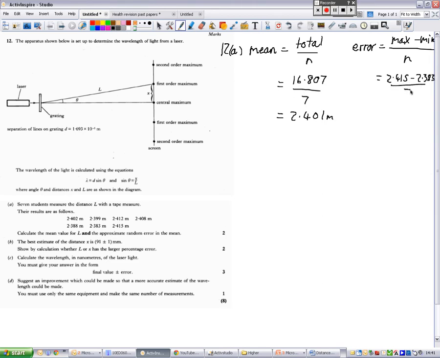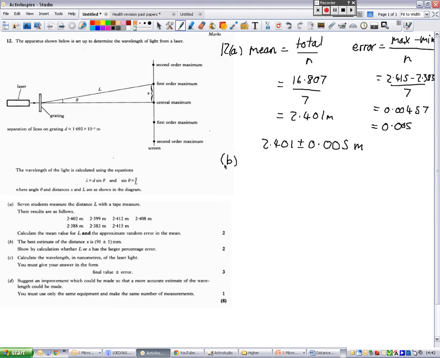N is 7, that gives you 0.00457, or to the same number of significant figures as your answer here, that's 0.005. So you're looking at 2.401 plus or minus 0.005 meters for part A.